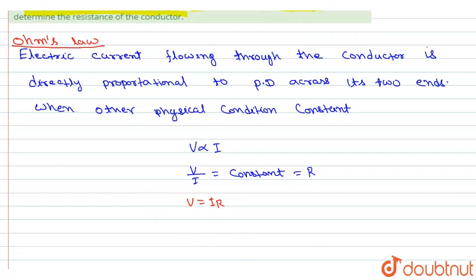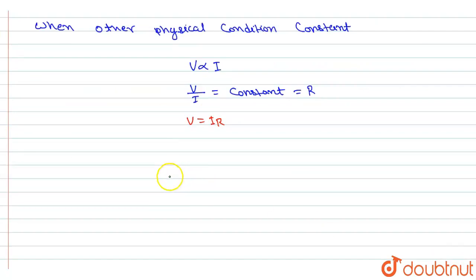Now if you draw the circuit diagram, we can draw it this way. Let us consider this as a resistance. We connect this resistance through a battery. This is the positive terminal of the battery, and this is the negative terminal.